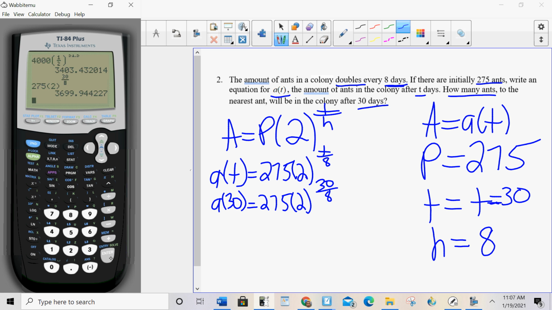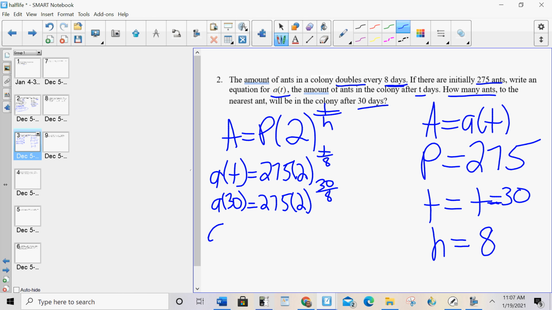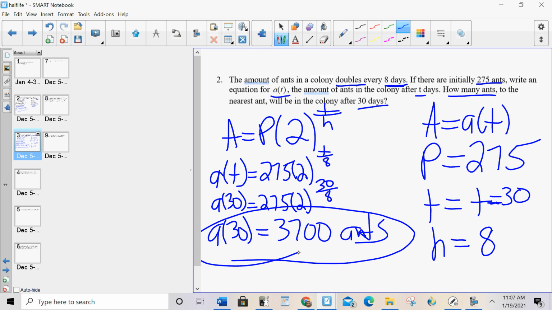And to the nearest ant, that would be 3,700 ants. So I think the moral to this story is, if you got an ant problem, you might want to get it taken care of right away, because before you know it, you're going to have thousands and thousands of ants. That's how it works. These things grow like crazy.